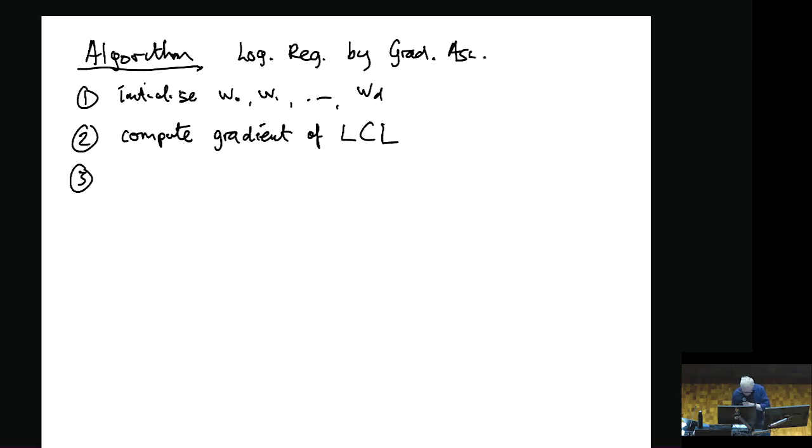And then we'll update the parameters in the direction of the gradient. Because remember, we usually take the negative of the gradient, but here, because we are ascending, we go in the direction of the gradient.